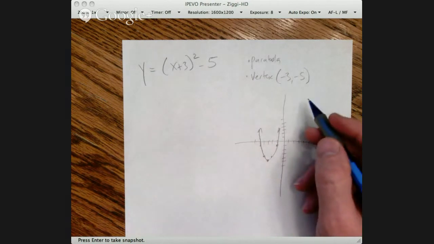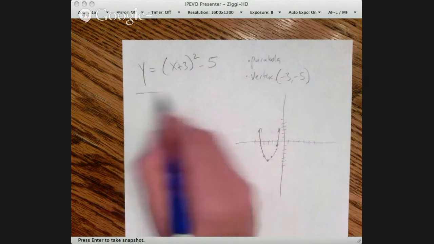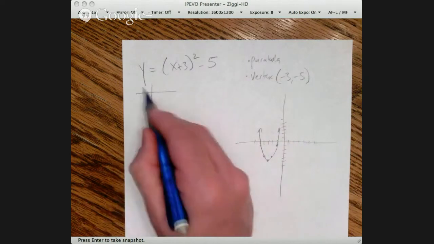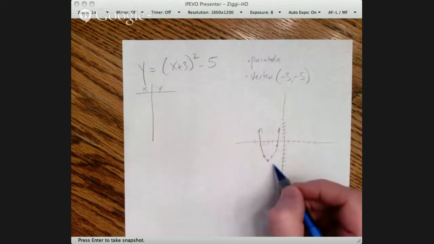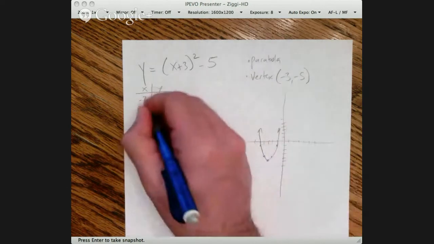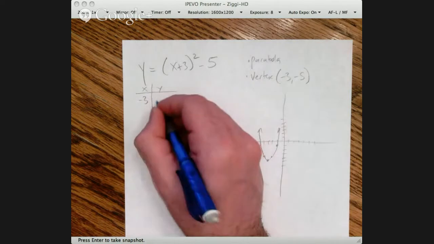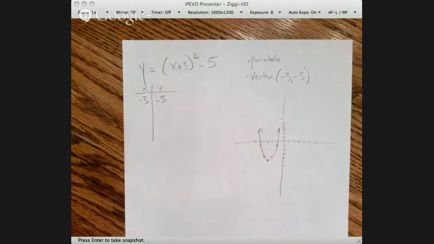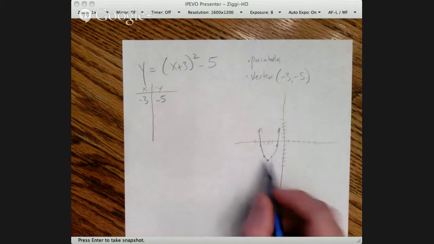Here's what I would do. Because I've actually graphed this, start with your point -3, knowing that you get a -5. That's our vertex. Now I'm going to do some of the points to the left and the right.